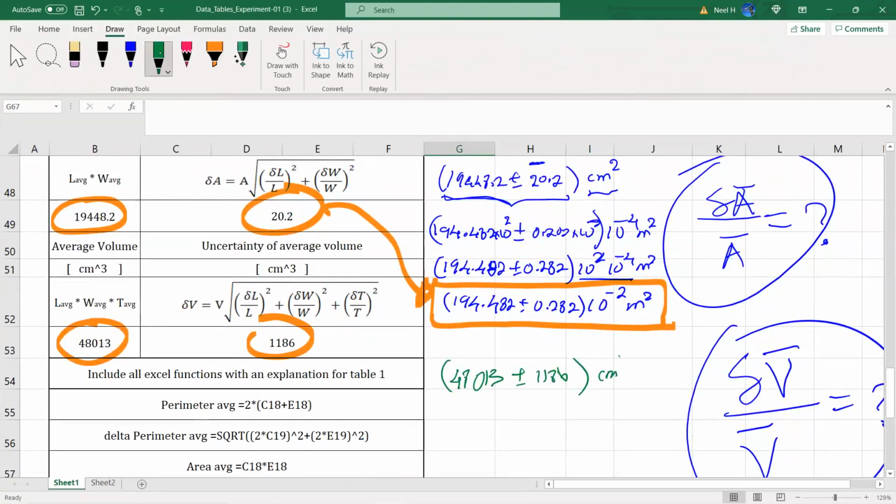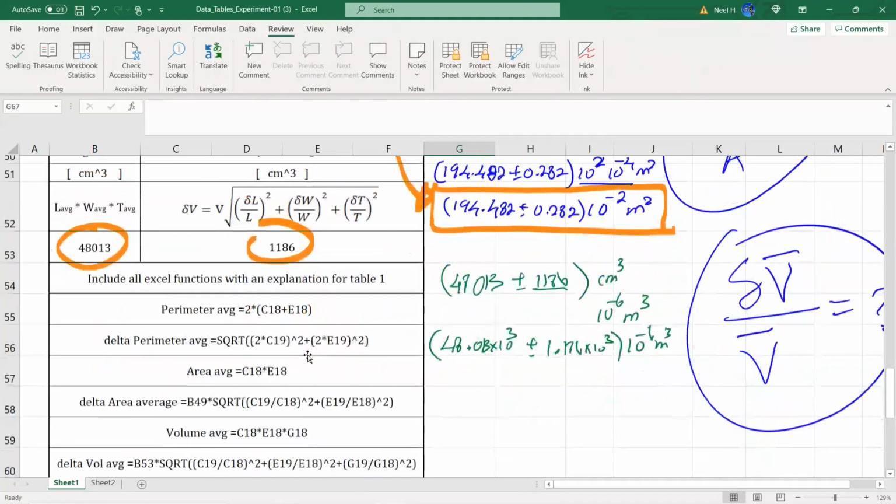This is centimeter cube. Centimeter cube is 10 to the negative 6 meter cube. I have four numbers here. I'm going to write those four numbers like 1.186, which means if I write it that way, 1.186 times 10 to the power positive 3, plus or minus, and this I can write 48.013 times 10 to the power positive 3, close bracket, 10 to the negative 6 meter cube.